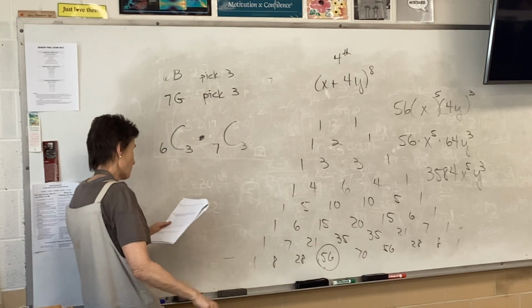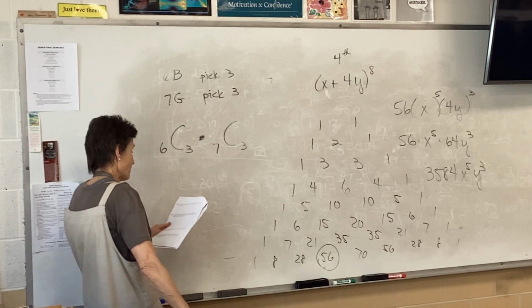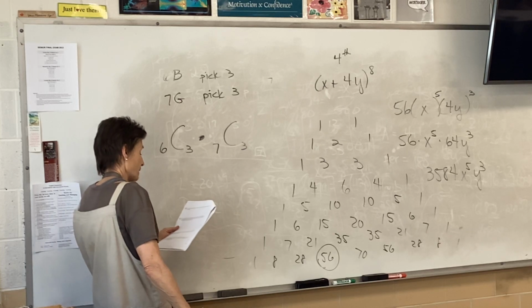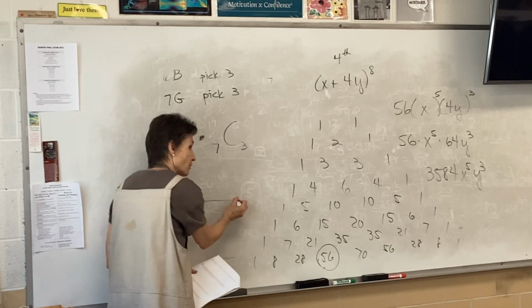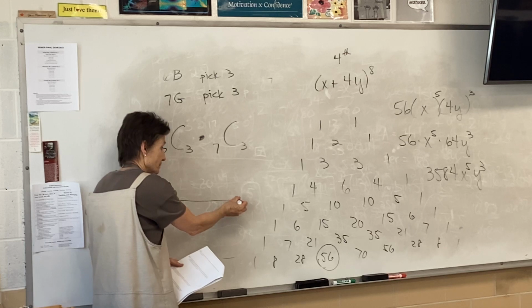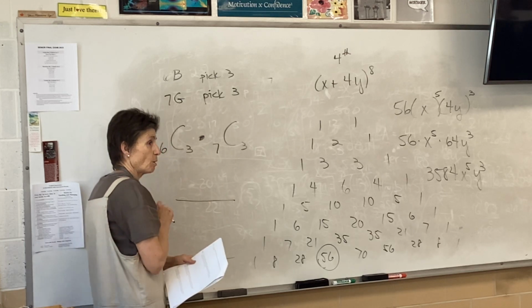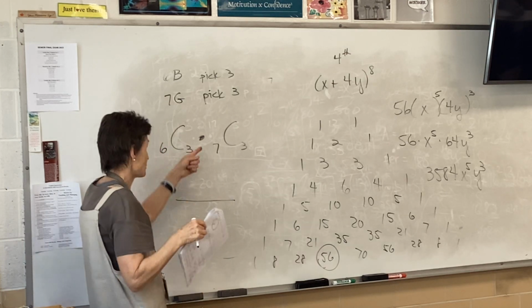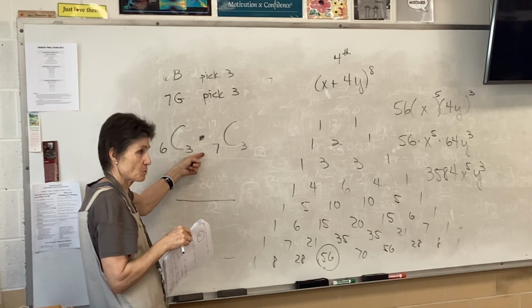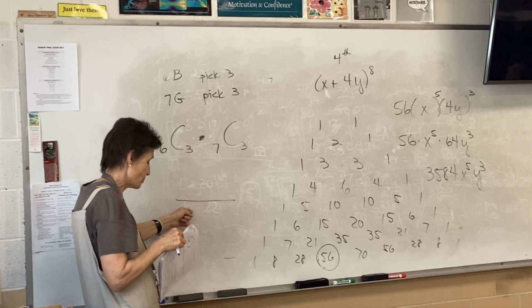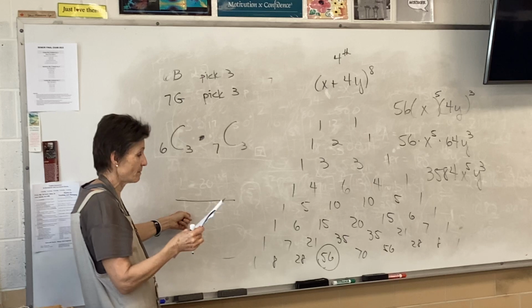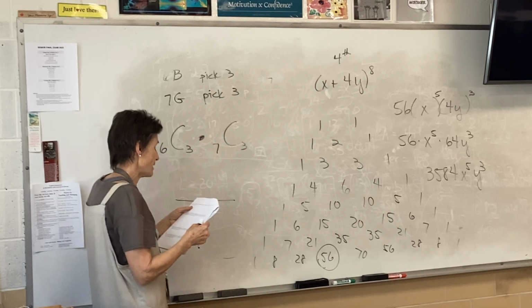Speaking of cards, number 21. A 5-card hand is dealt from a standard deck. What's the probability? Okay, this is going to be a fraction. As soon as you say probability, your answer is going to be a fraction. A 5-card hand is dealt.